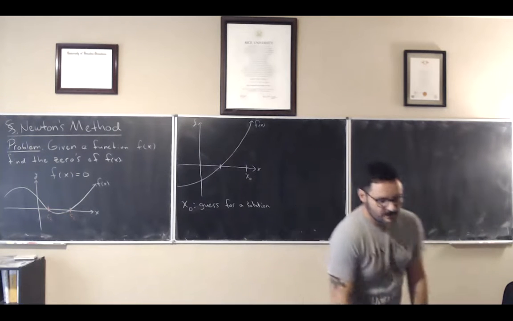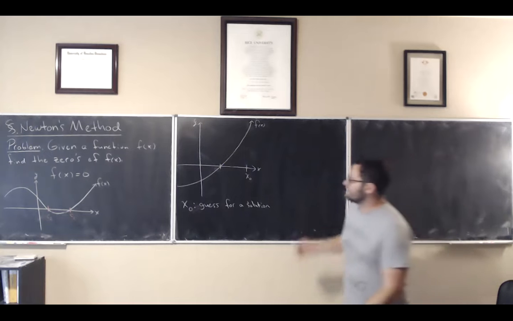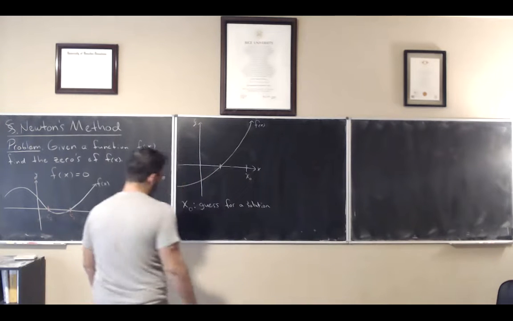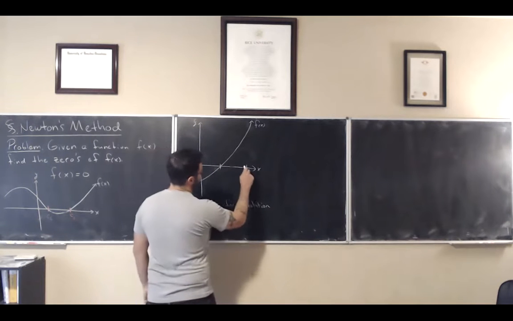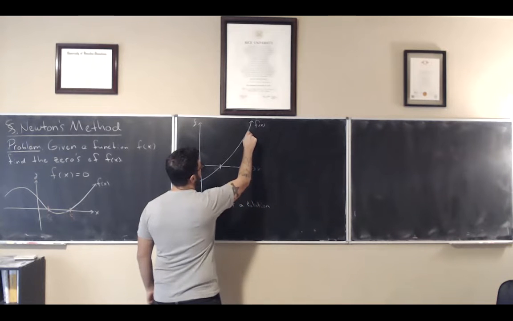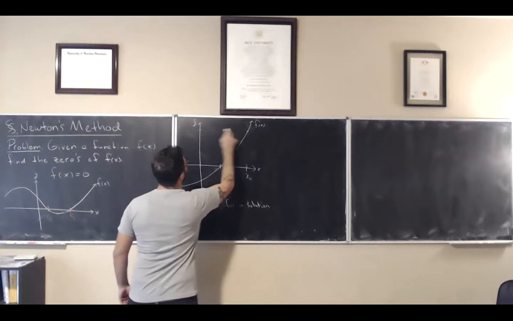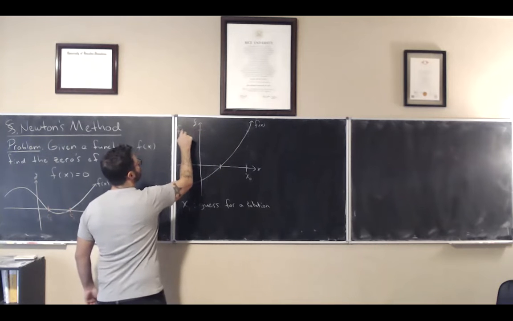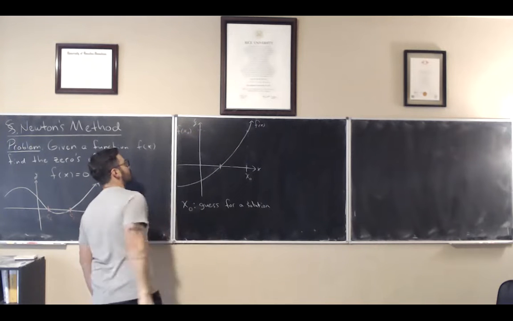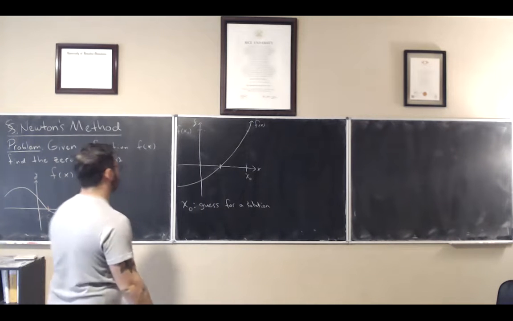Okay, let's make sure you can read that. So you make a guess, right? And as soon as you make a guess, you have an immediate output from that guess, f of x0, right?